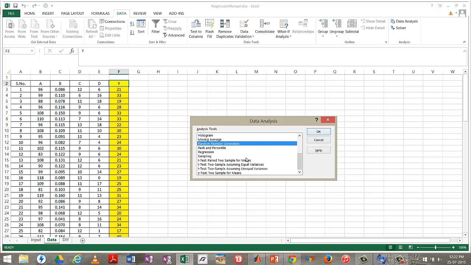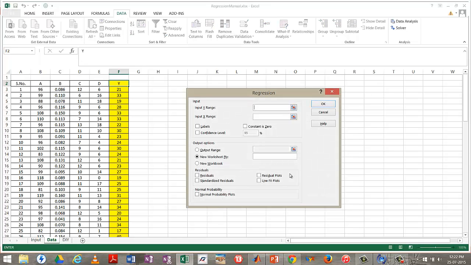For some versions of Excel, you might not have this readily. That is, you will not have this Data Analysis button already, and there you usually need to add it in, and it's called an add-in. It's there in the software, but it's just not installed for you. So here you would choose the topic regression, and you would click on OK.